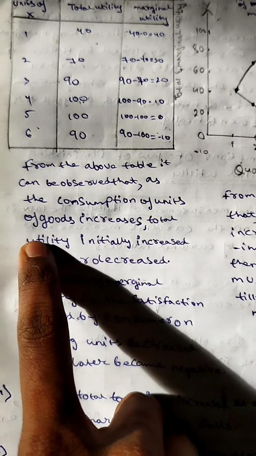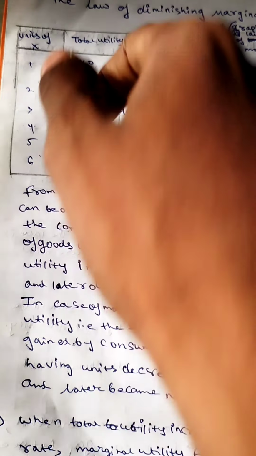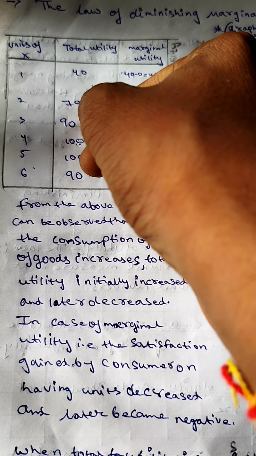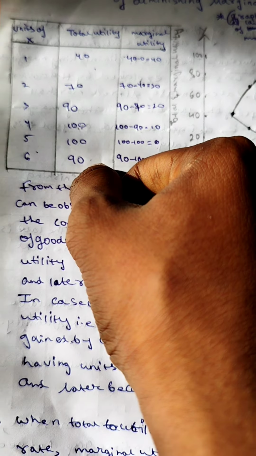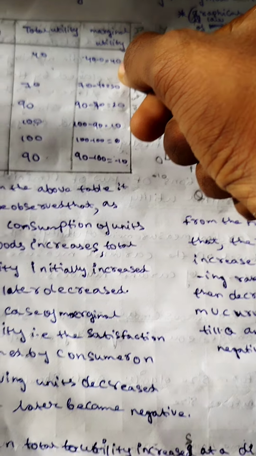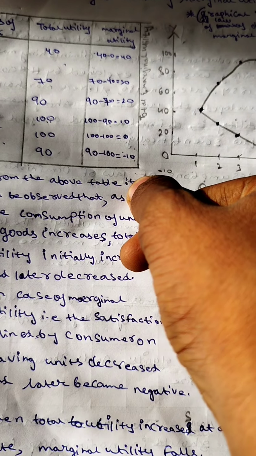As consumption of units of goods increases, total utility initially increases. Initially means starting, it increases, and further it decreases. And in case of marginal utility, 40, it goes on decreasing and attains negative.